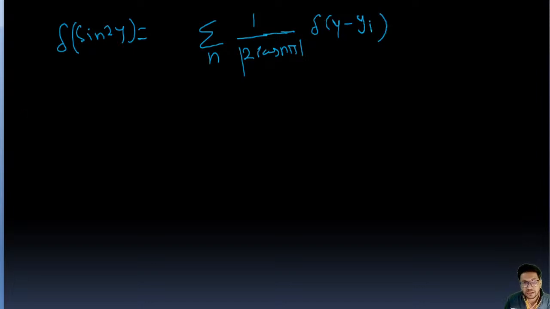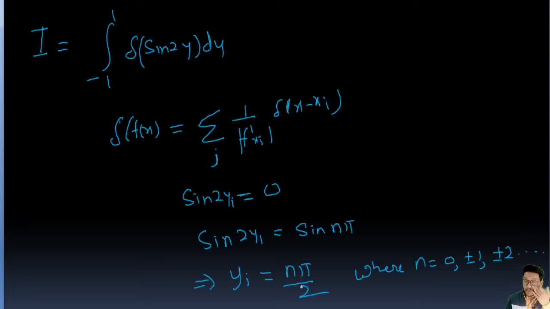Okay, this is the value, because yi is equal to this, we'll put the value here, right? The differential will be 1 upon f dash xi. Here, in place of xi we have y.